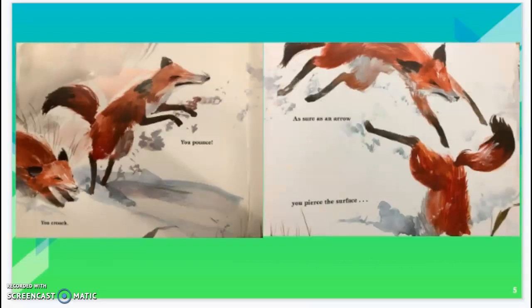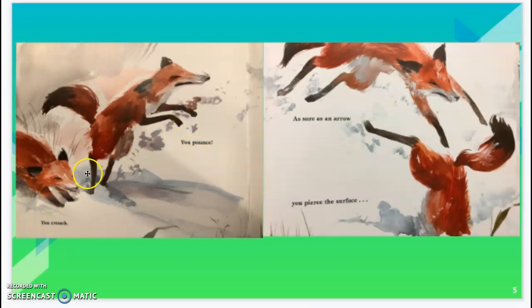Here's another example. The illustration supports the words that let us know how the fox is moving to catch the prey. Right here, the fox is crouching. He's kind of bending down, and it says, you crouch. So if you didn't know what that word was, well, look at the picture. What is he doing?